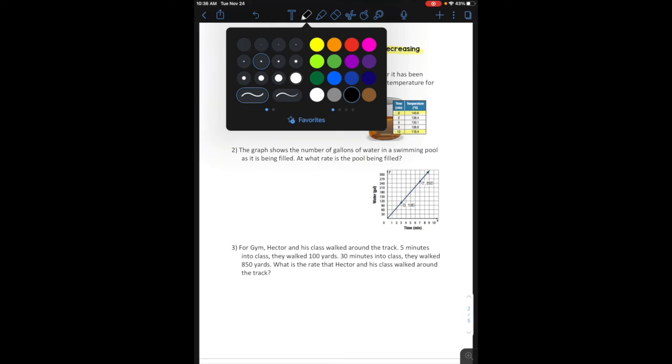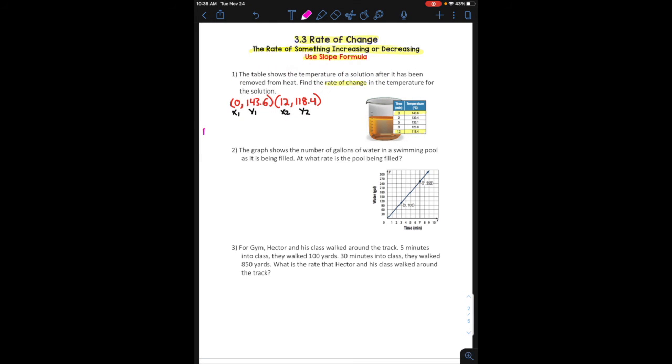When we plug this into our slope formula, y2 minus y1 divided by x2 minus x1, we'll get 118.4 minus 143.6 divided by 12 minus 0. In our calculator, when we subtract and divide by 12, the answer is going to be negative 2.1.